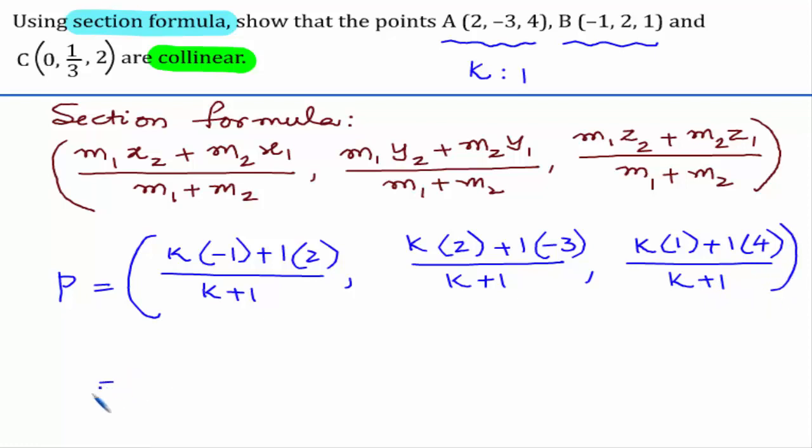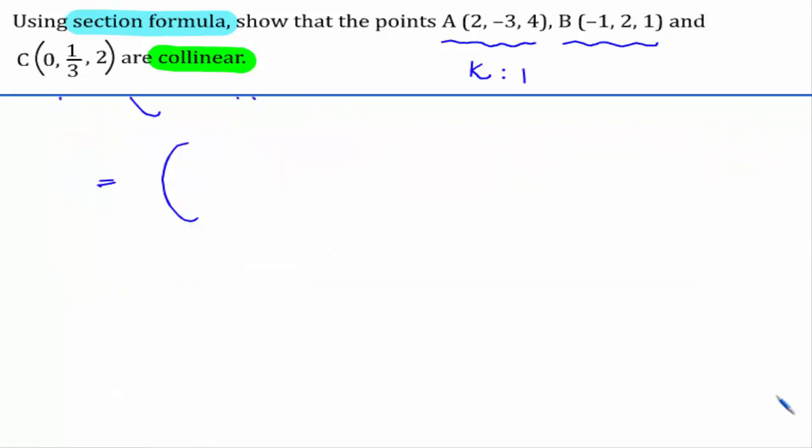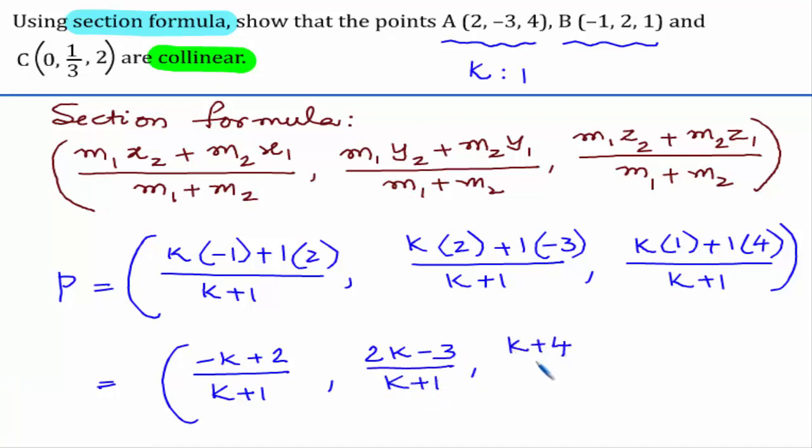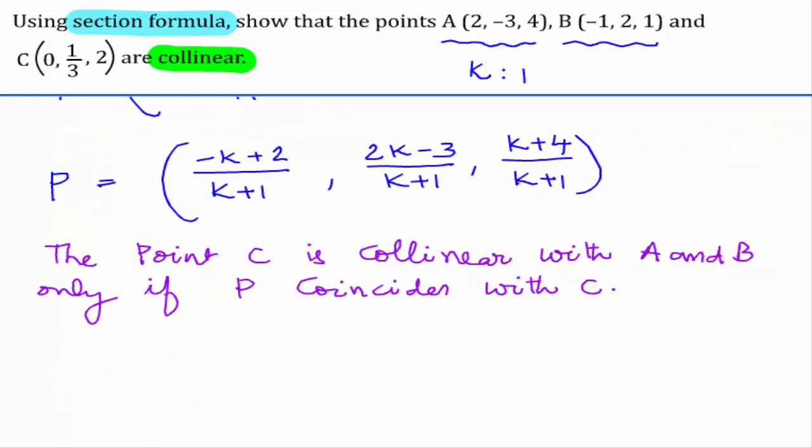Now if we simplify this, minus k plus 2 by k plus 1, 2k minus 3 by k plus 1 and k plus 4 by k plus 1. These are the coordinates of point P. Now if we know the value of k, then we will know the coordinates of point P. The point C is collinear with A and B only if P coincides with C. Now let us equate both.